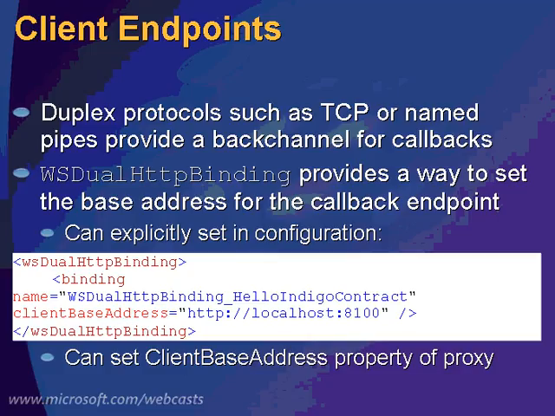You can do this in code using the ClientBaseAddress property of the proxy, or you can use a hard-coded configuration that is editable in the app config file. More than likely what you're going to want to do, and we have a utility on the iDesign site for this, is dynamically look for a port within a range at the client, and that can be done programmatically.